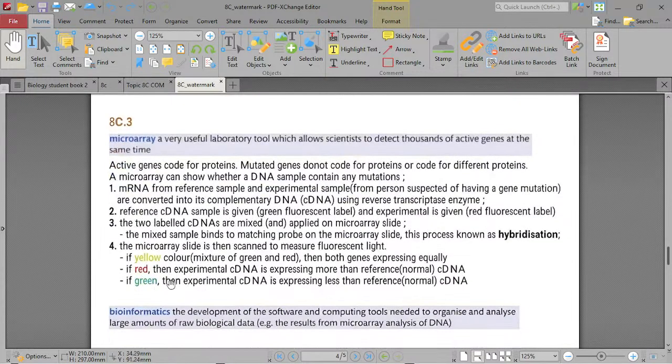Then we have more biotech. So this is going to be like how to see what genes are going to be expressed more or activated, what genes are going to be silenced when a DNA mutates or gets infected by some sort of mutation.